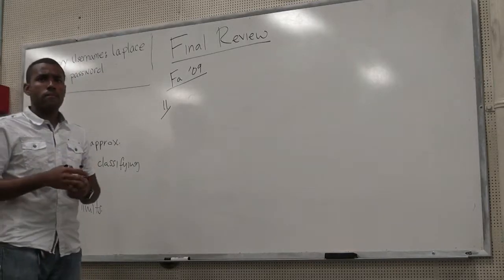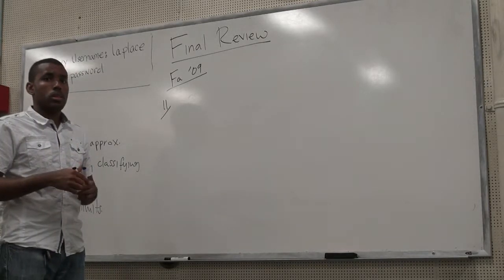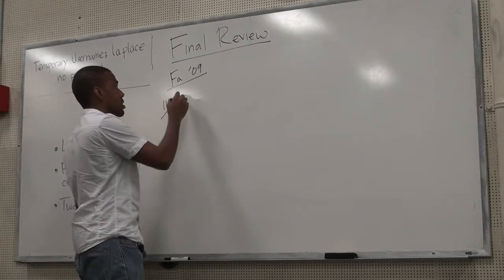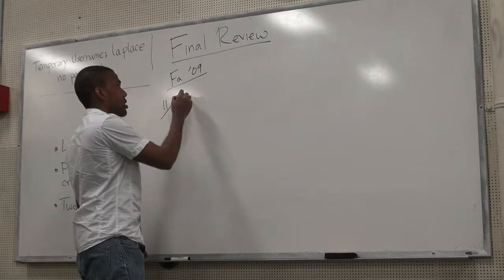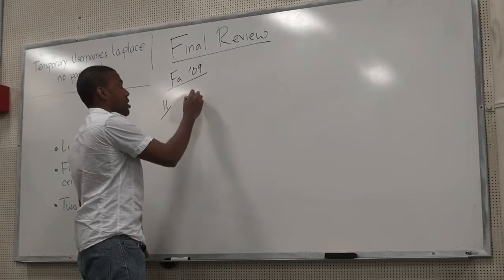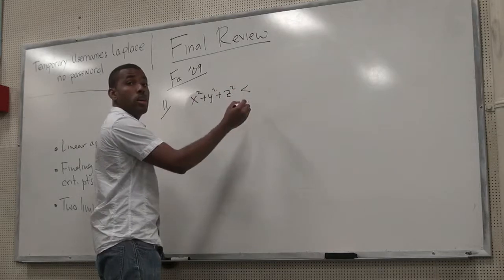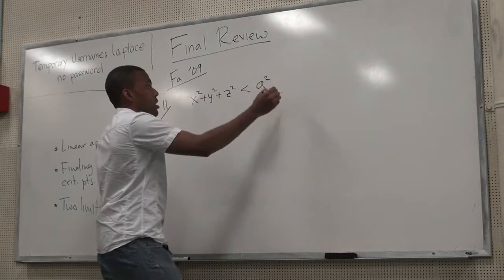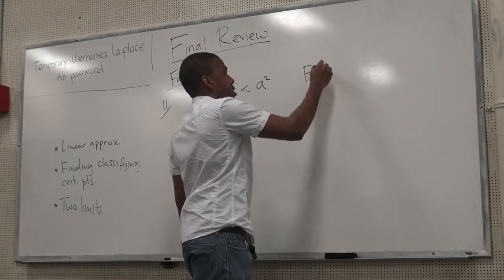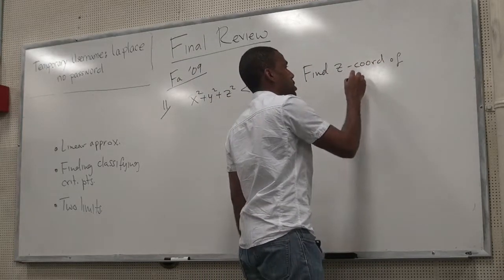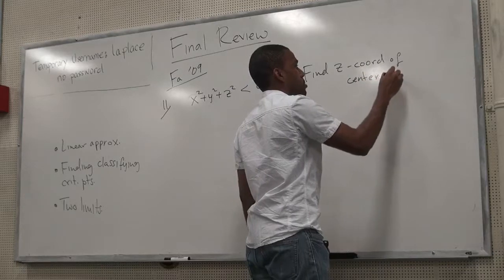What did it say? Use spherical coordinates to find the z coordinate of the center of mass for a solid hemisphere of uniform density given by x squared plus y squared plus z squared is less than a squared, and z is greater than 0.